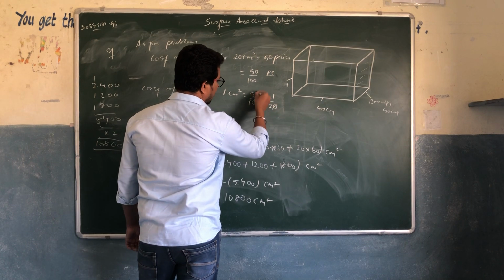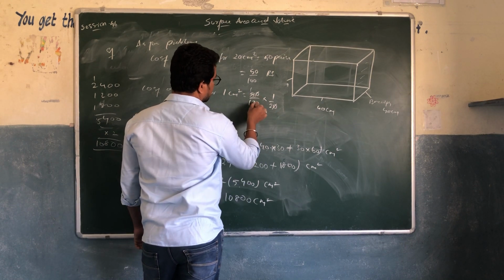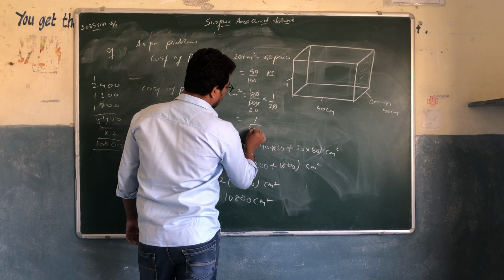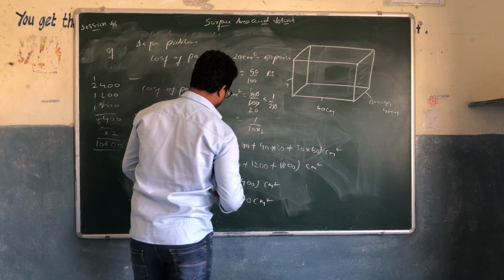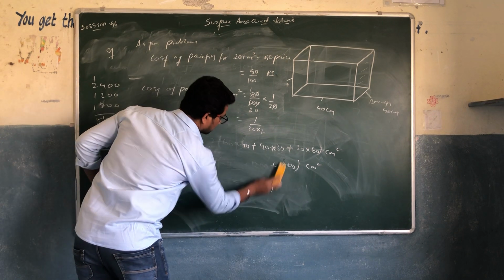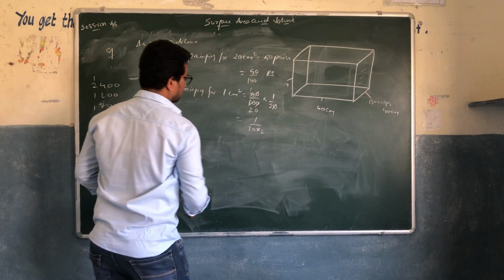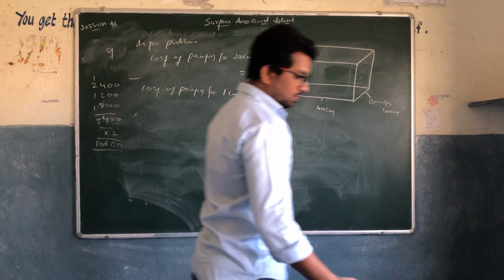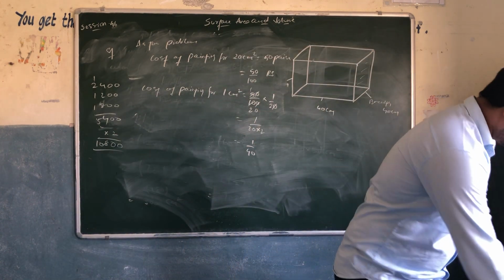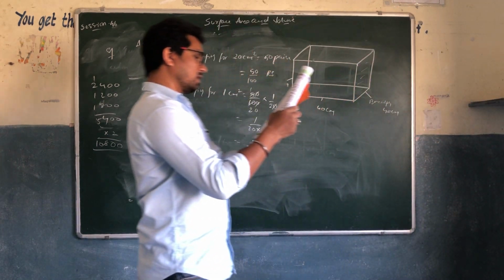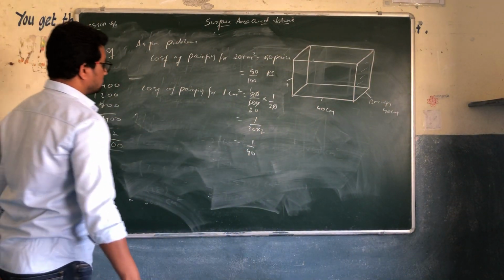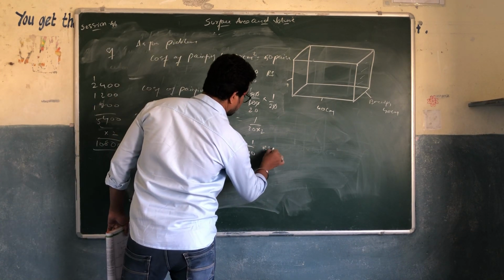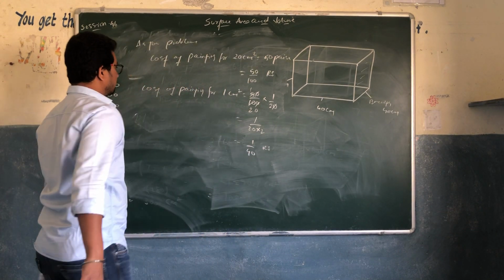Now 0 and 0 cancel, 5 ones are 5, 5 twos are 10, which is 1 by 20 into 2, which is equal to 1 by 40, right? So we got 1 by 40 rupees for 1 centimeter square.